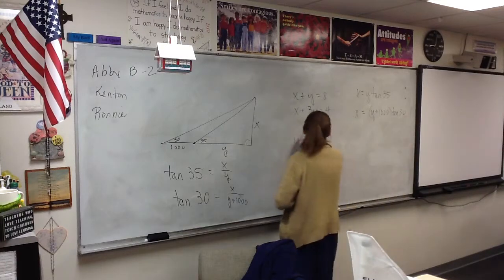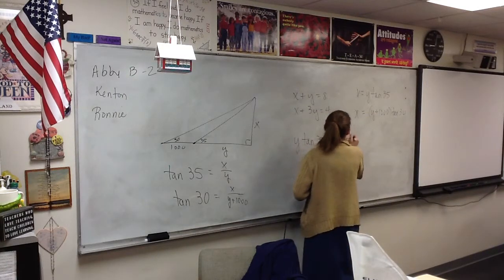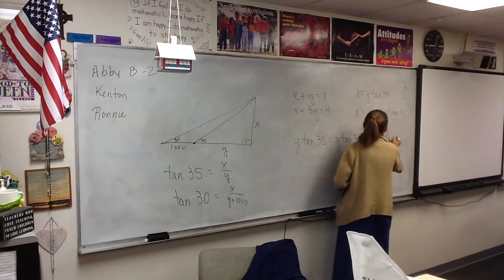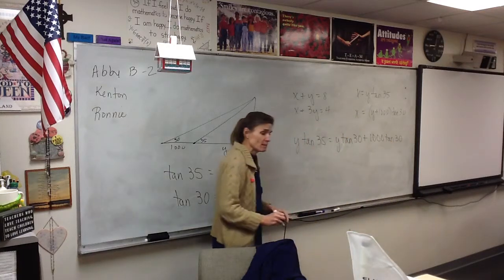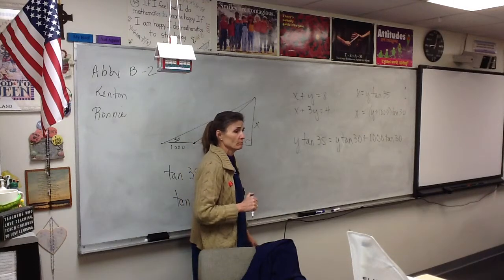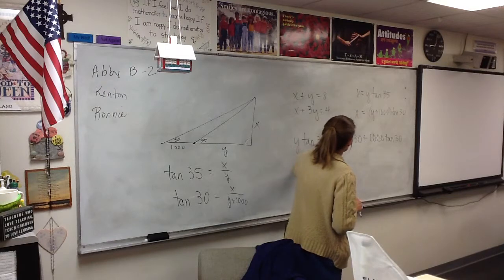So y tan 35 equals y tan 30 plus 1,000 tan 30. Now, I did two things. I set them equal to each other and I distributed. Do you see that? It's y tan 30. You're good.